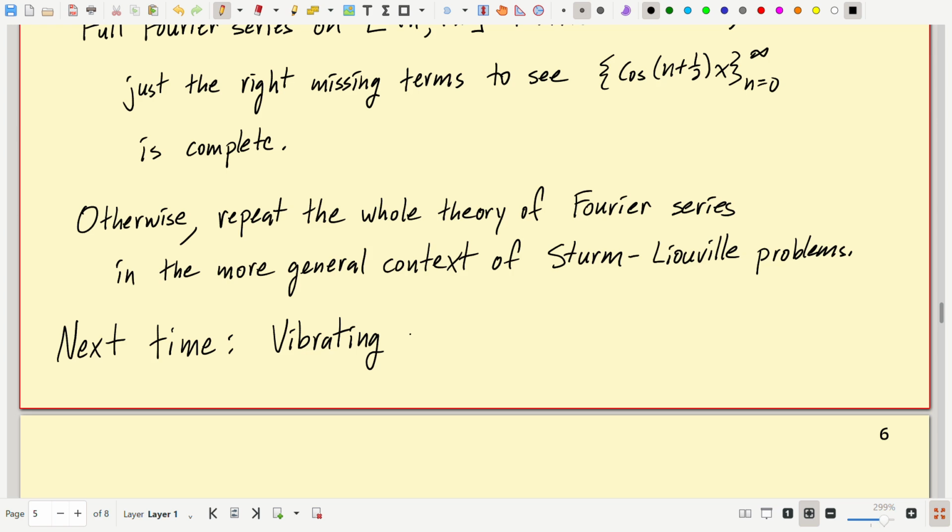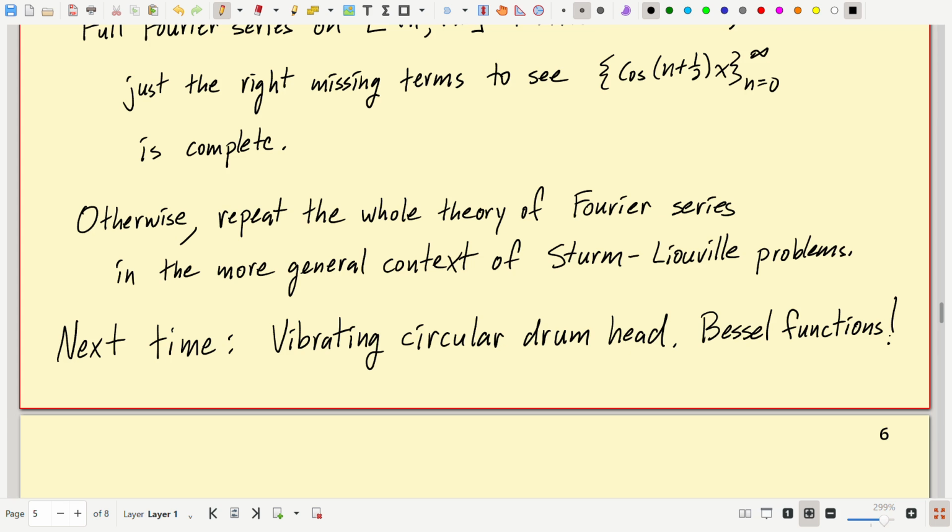So the vibrating circular drumhead is considerably different than the square drumhead that I talked about in my video on Friday. And the exciting thing is that that's where the first instance of Bessel functions come up. And they turn out to give us the orthogonal functions that we need to solve that problem.